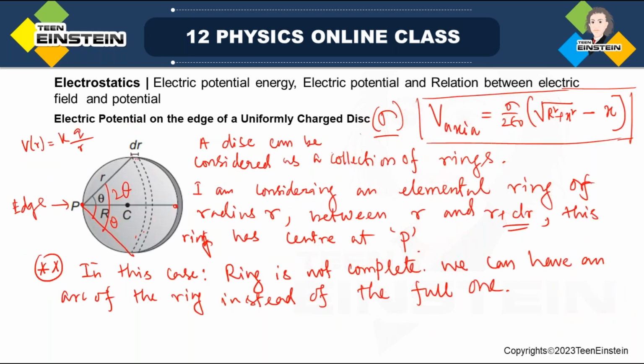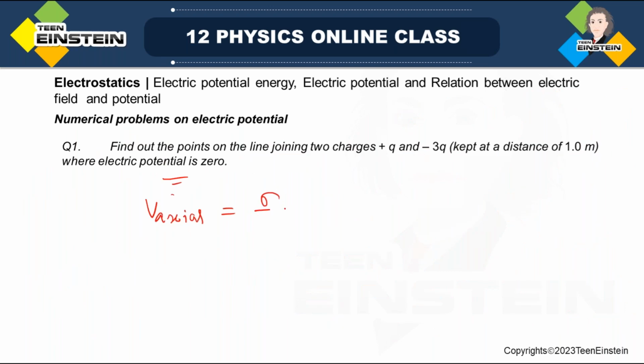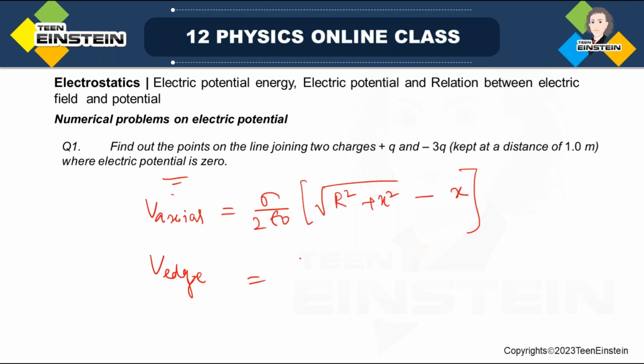So look here, sigma by 2 epsilon 0, this value, sigma by 2 epsilon 0 whole into square root of radius square plus the distance square minus the distance x. And in this case, at any point on the edge, this is sigma by pi epsilon 0 into r.